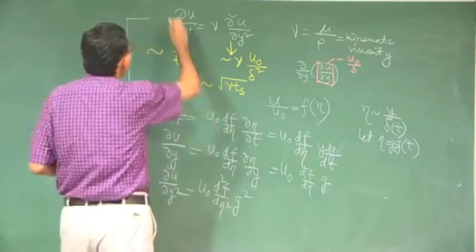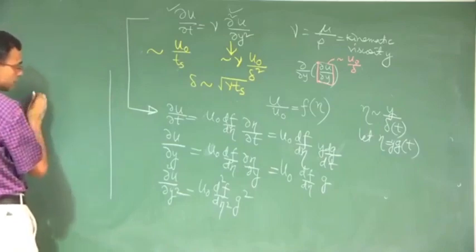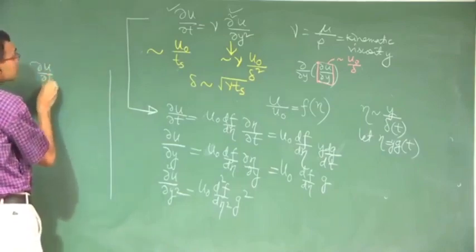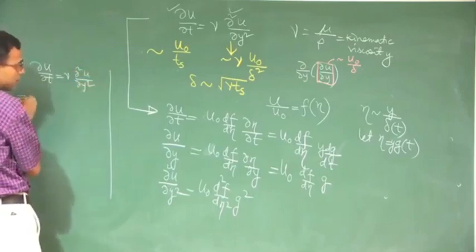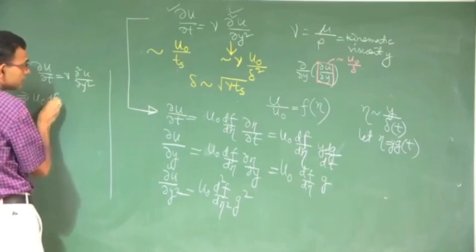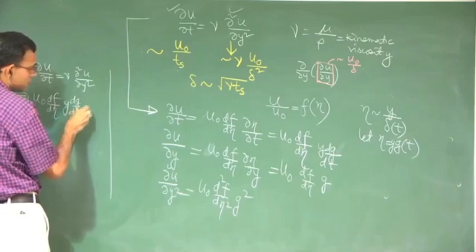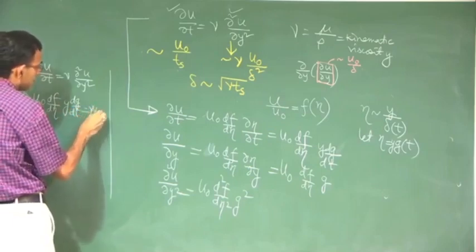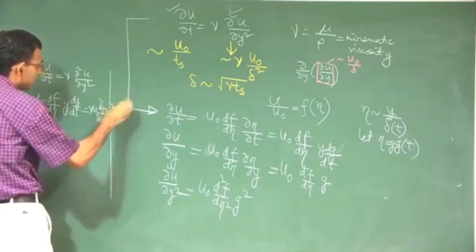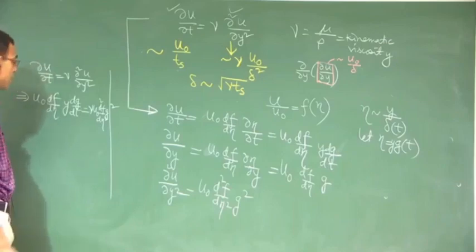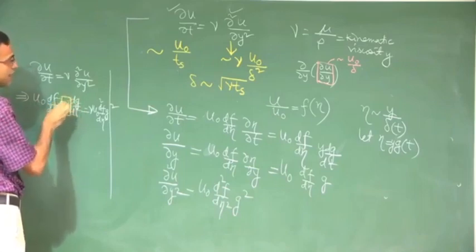So, we can write, because these two terms are equal, now you can also write y as eta by g.